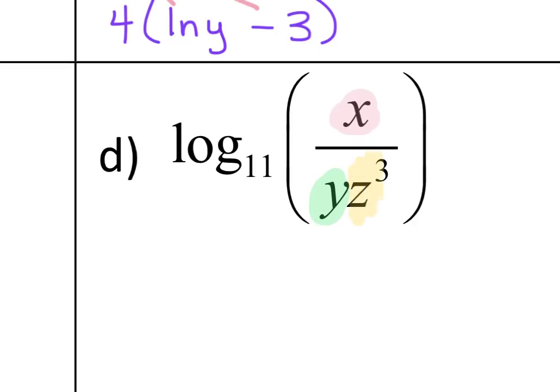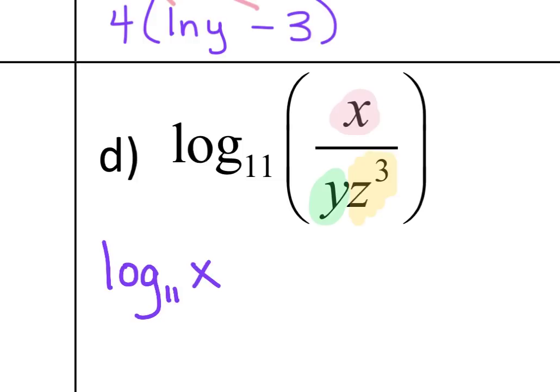Let's deal with the cubed part last, but let's start with the x, the y, and the z. The y and the z cubed are both in a denominator. Therefore, they're both going to be minus log. The x is in a numerator, so it's going to be a positive log. So I'm just going to write log base 11 of x.